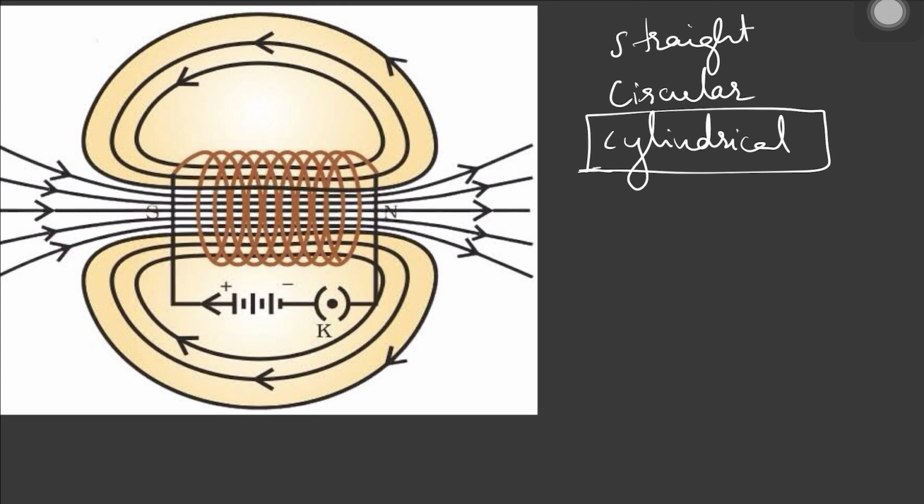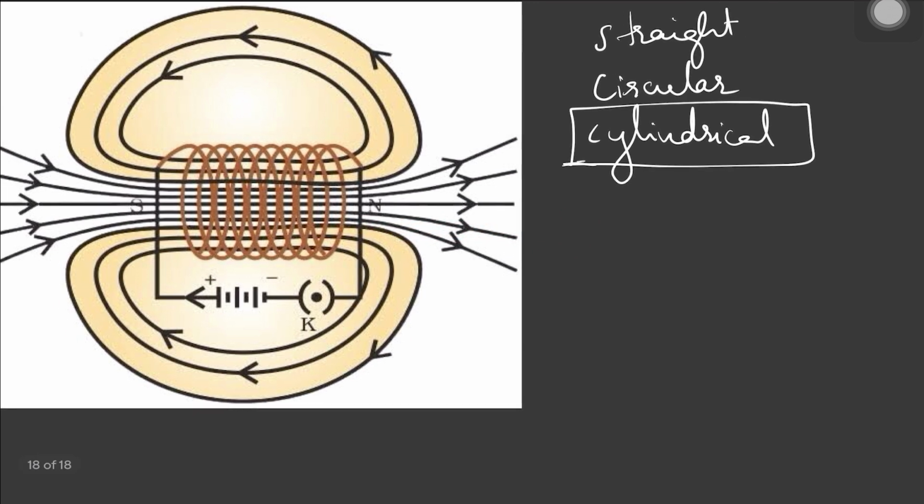As a result, we observe that the magnetic field lines here at the center are parallel to each other. If you observe, they do not meet anywhere. They are parallel to each other at the center. What does that mean? It says that the magnetic field at the center of the solenoid is uniform.